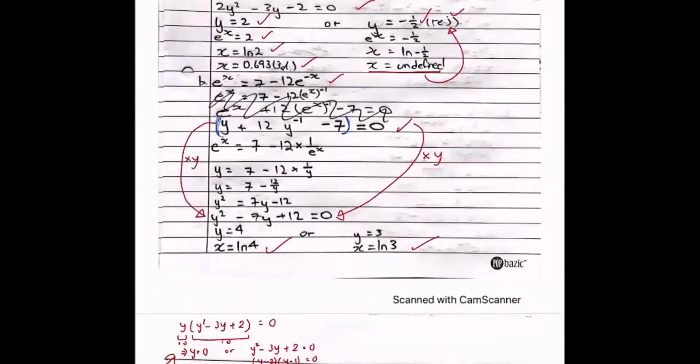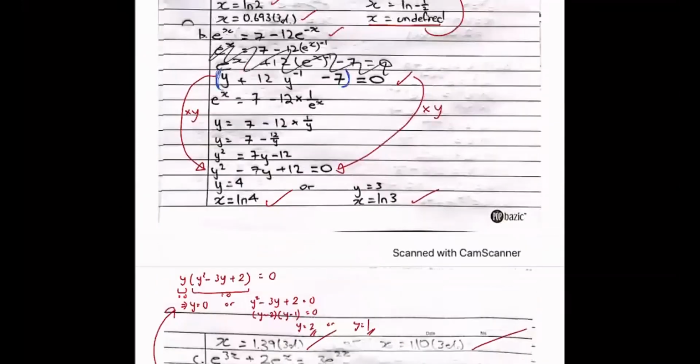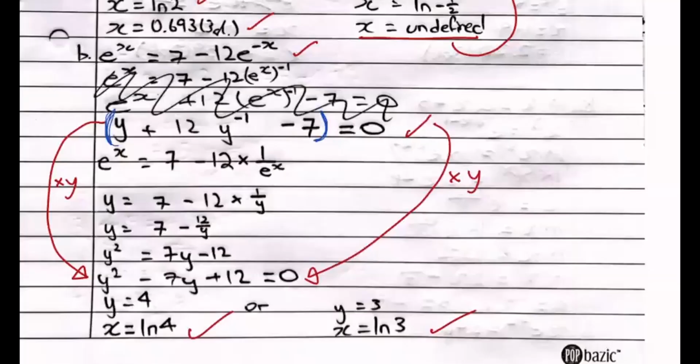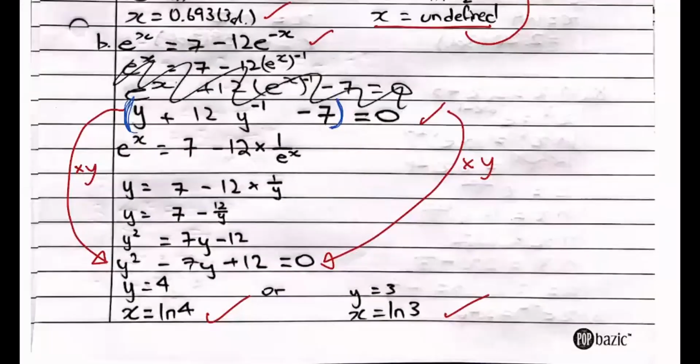What was the other thing that I marked wrongly? Over here, okay, it's not a mistake, but there's a faster way to do it, which is to times y on both sides. Then you can immediately get to this equation. Can you see? So you get y times y plus 12y power negative 1 minus 7 equals 0.